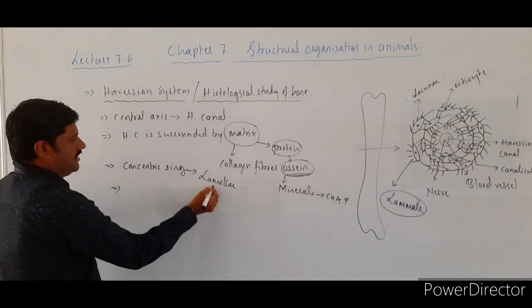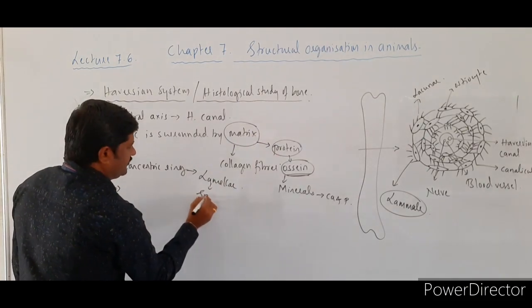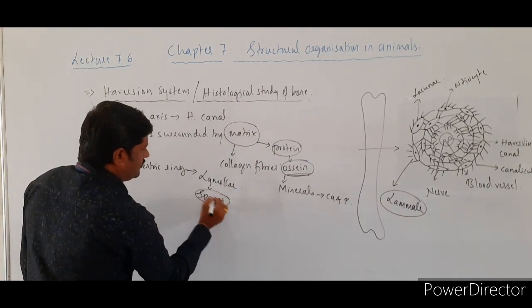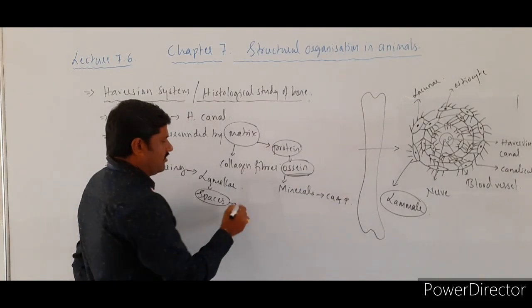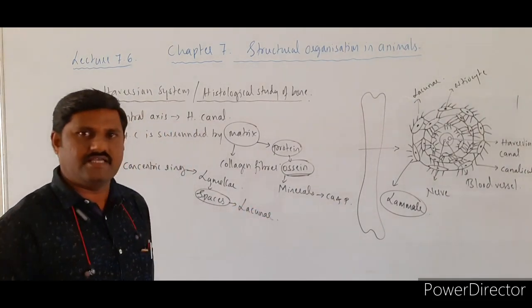In the concentric rings, the lamellae, you come across spaces. In each lamella there are some spaces provided, and those spaces are called lacunae.